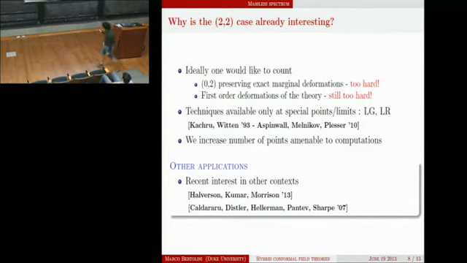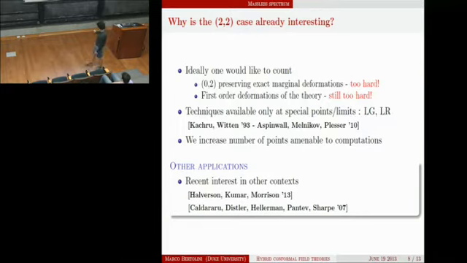There are other applications worth mentioning in which hybrids can play a role. For example, in this work by Alverson, Kumar, and Morrison, by localization techniques, they study the phase structure of GLSMs in the abelian and non-abelian case.